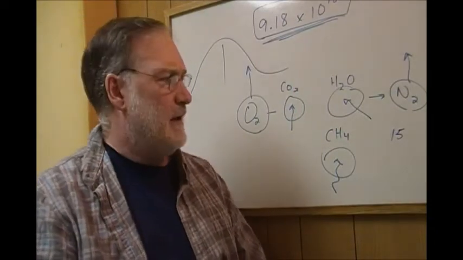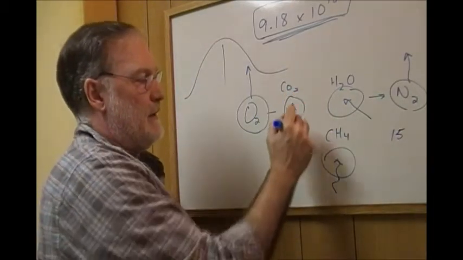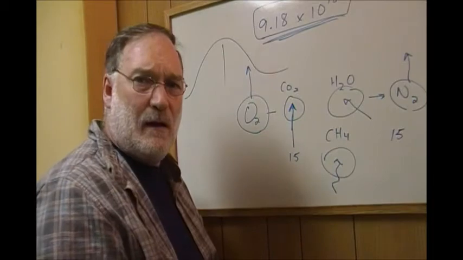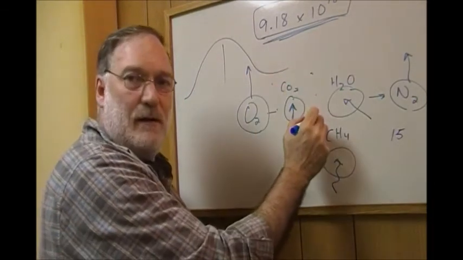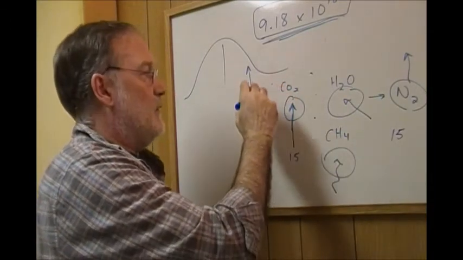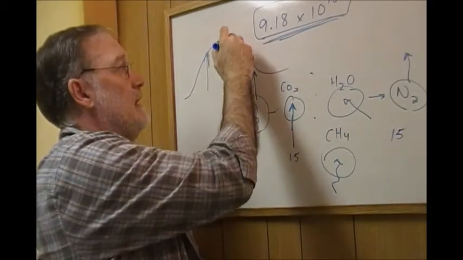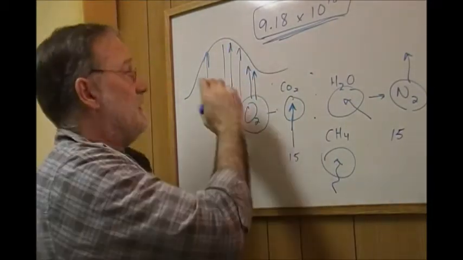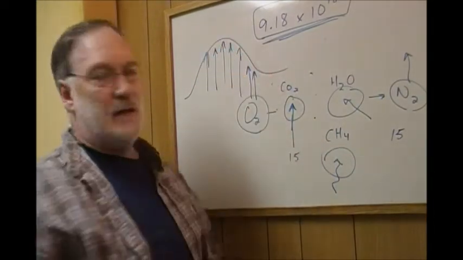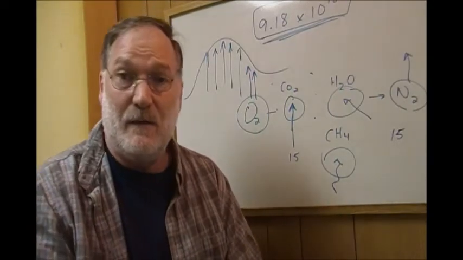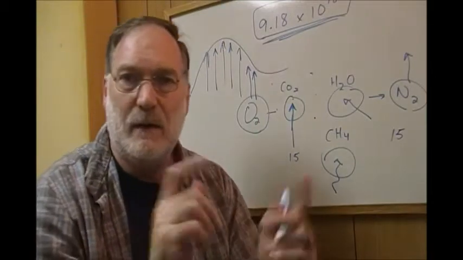And so what happens is, yes, carbon dioxide is absorbing 15 micrometers, but then it and any molecule that it shares that heat with will give off radiation at wavelengths other than 15. It may include 15, but it's in a random black body pattern. And the reason that it comes in this black body pattern is because of what's happening with the gases. When gases warm up, they vibrate and they collide with each other.